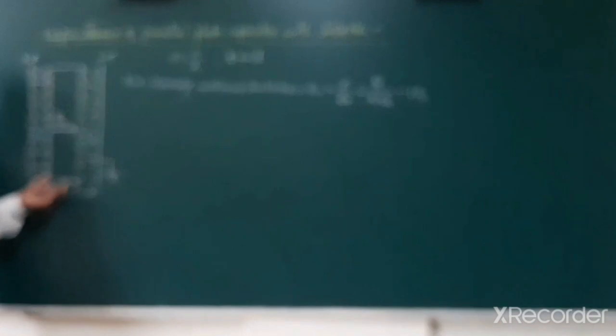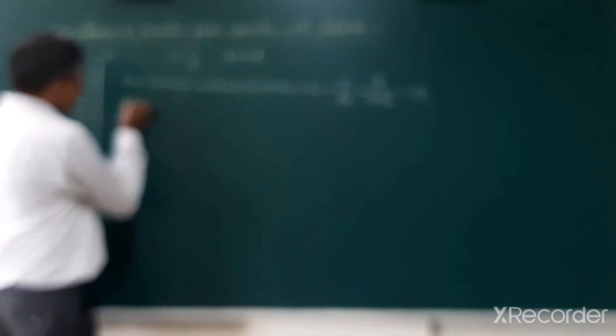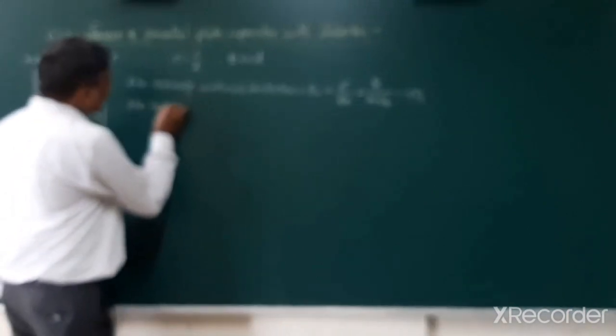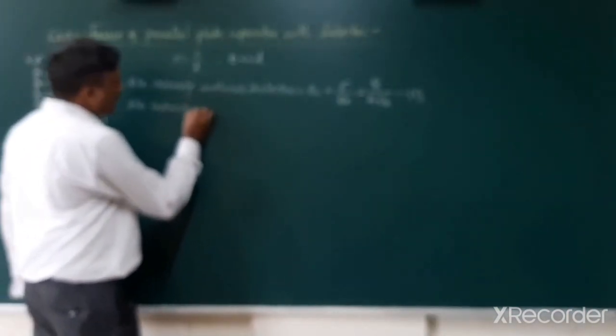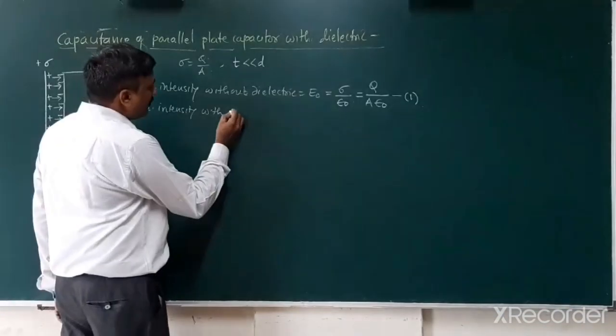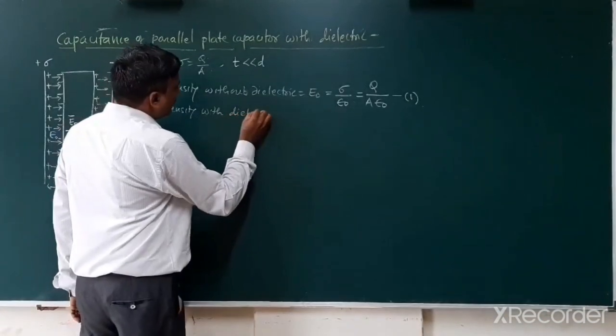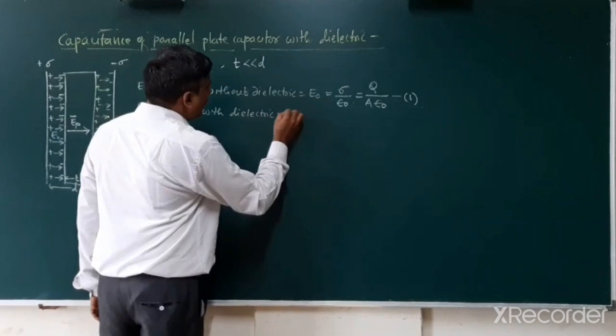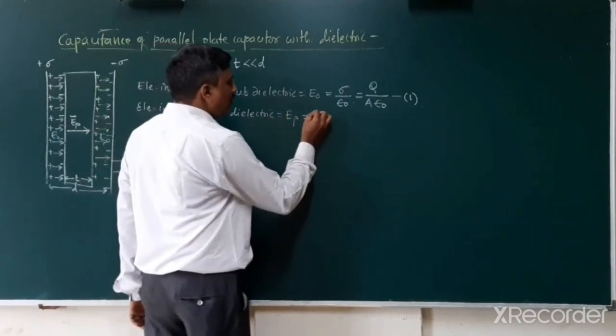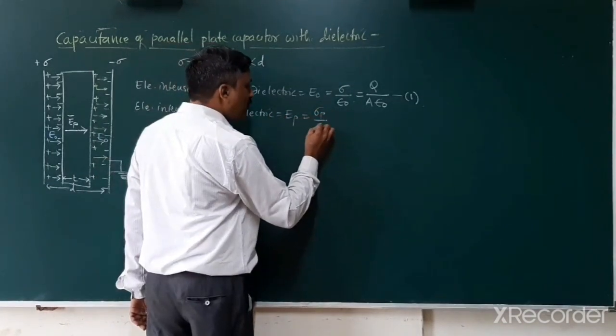Now we have to study what happens about this EP. It will be very simple. Electric intensity with dielectric equals EP, and its value is sigma p upon epsilon 0.